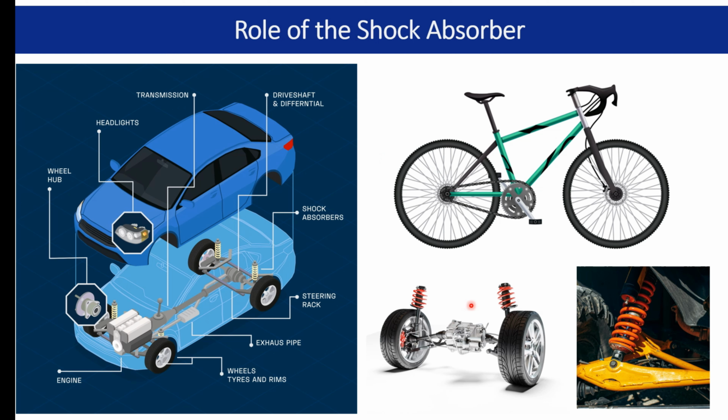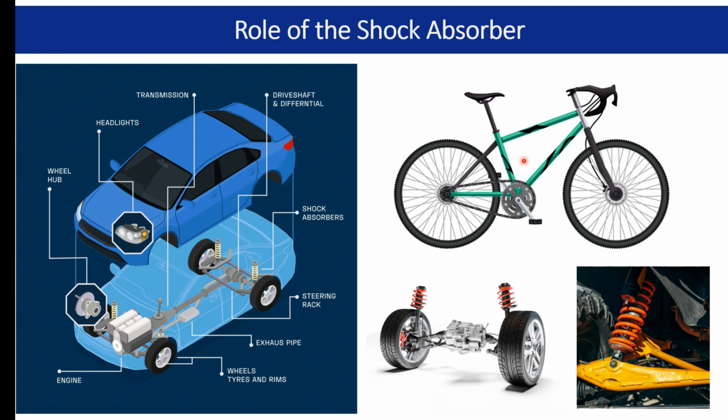I want to show this because it is very easy to explain the role of dystrophin in the muscle cell. You find shock absorbers in all vehicles, from a bicycle to a two-wheeler or a four-wheeler. It is a very basic thing. What is the role of the shock absorber?